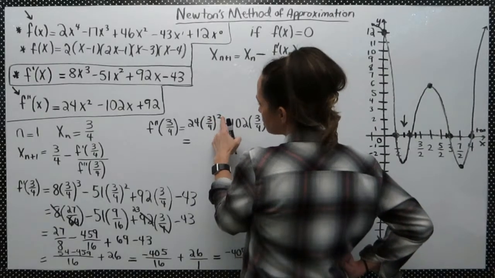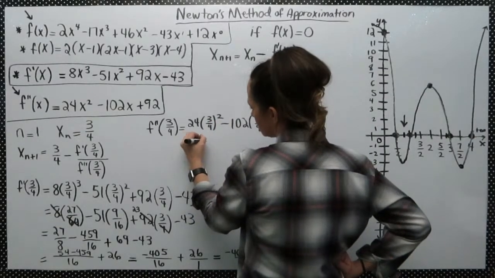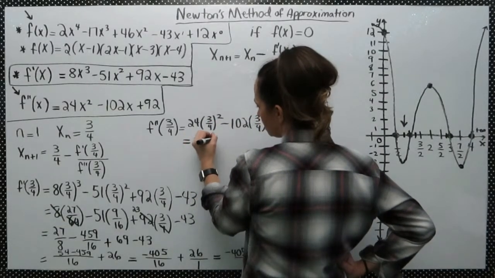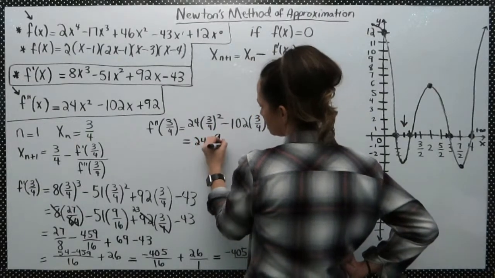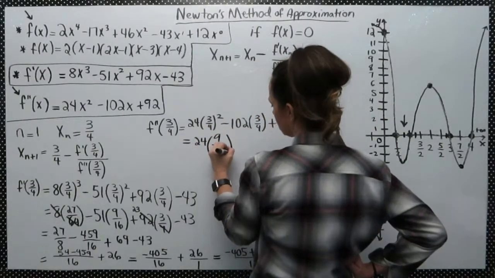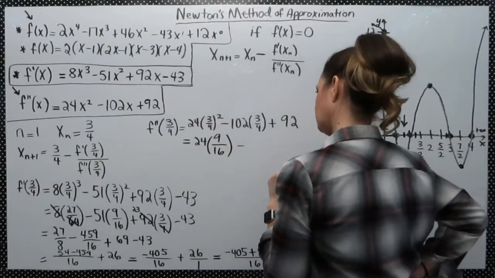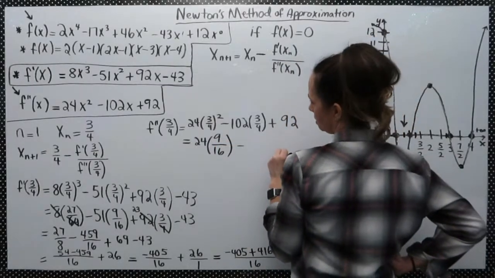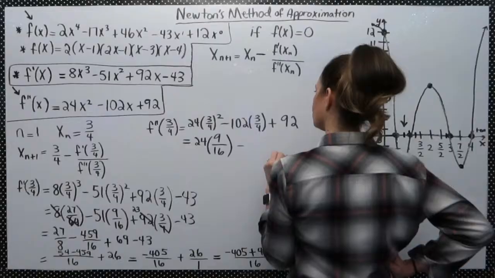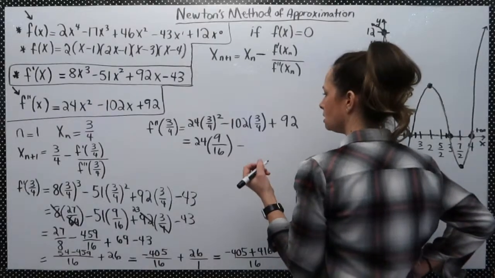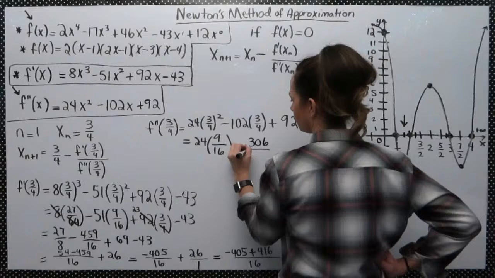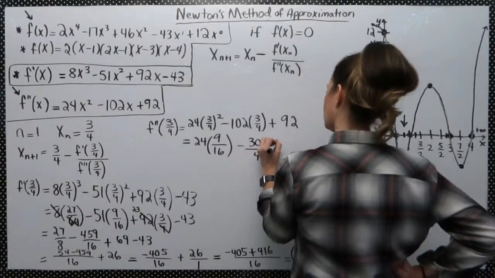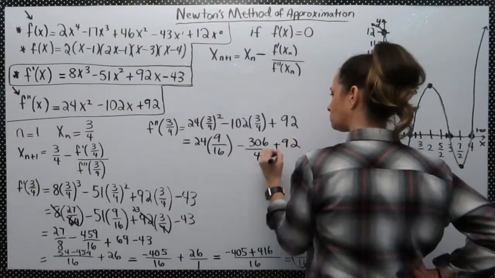So we got 3 squared, that's 24 times 9. And then 4 squared is 16. And 102 times 3, that's 306 over 4, and that's plus 92.